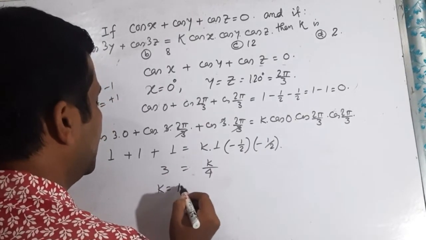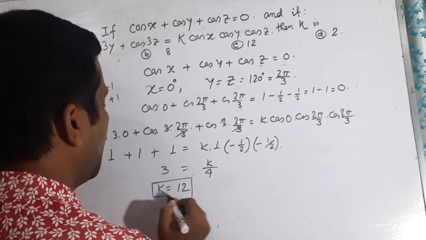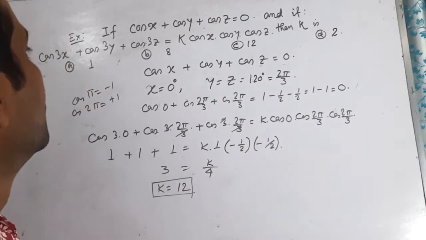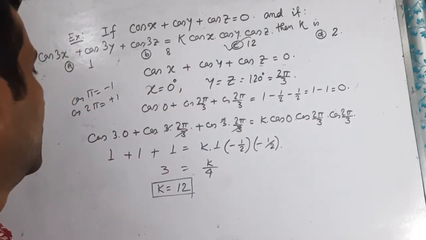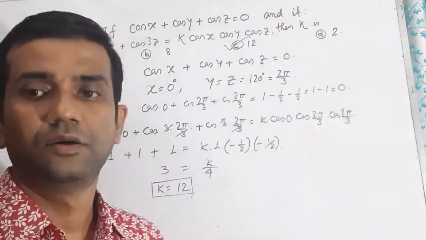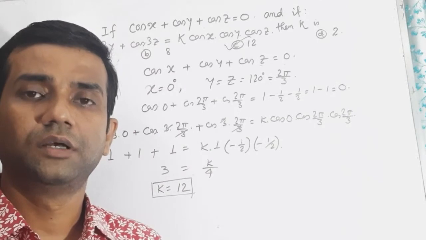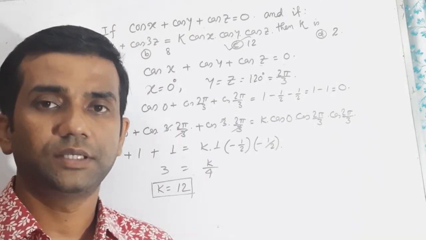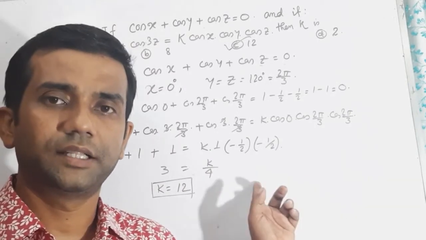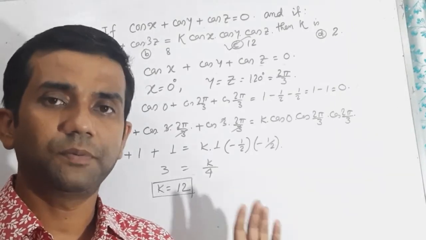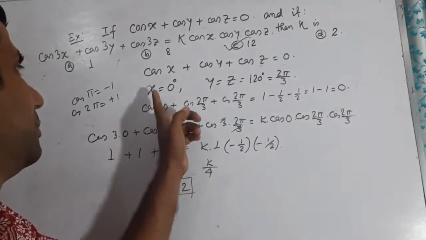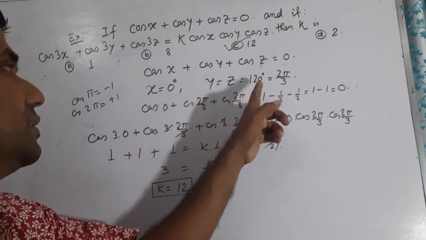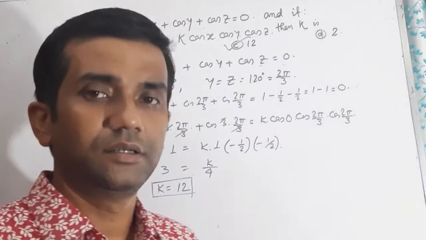So the value of k is equal to 12. So your required answer is 12. You have to put the particular values of x, y, z so that you can get the answer. If cos x plus cos y plus cos z is equal to 0, then take x equal to 0 degree, and y and z equal to 2 pi by 3.